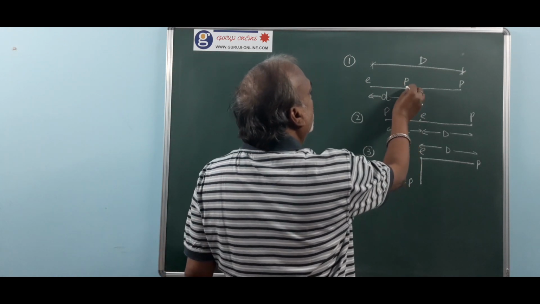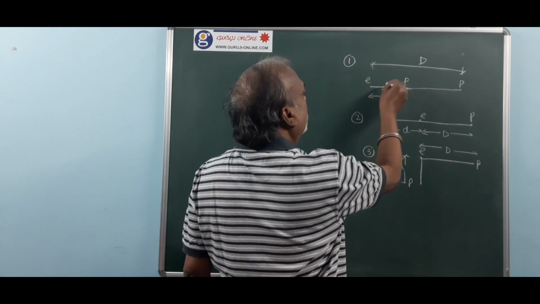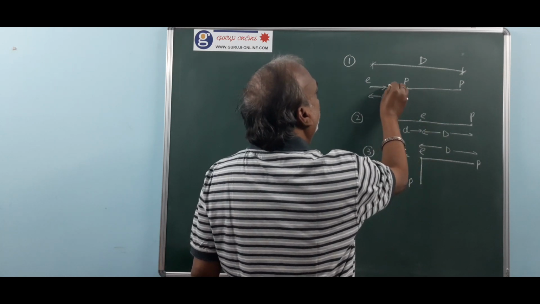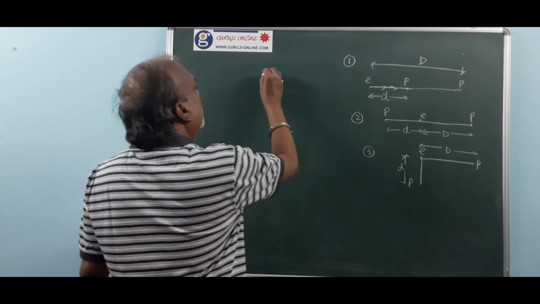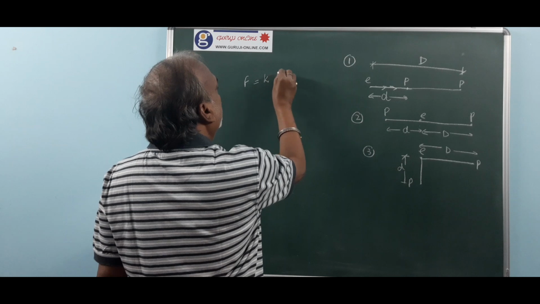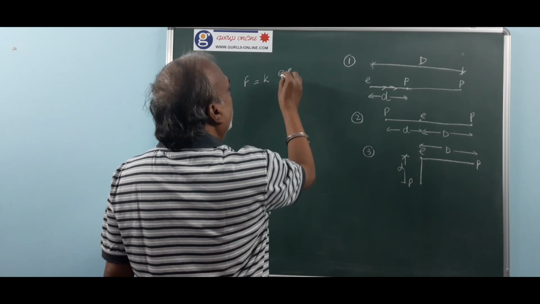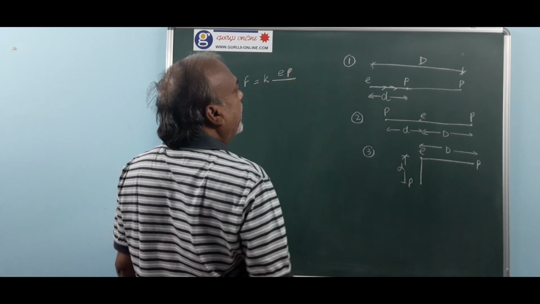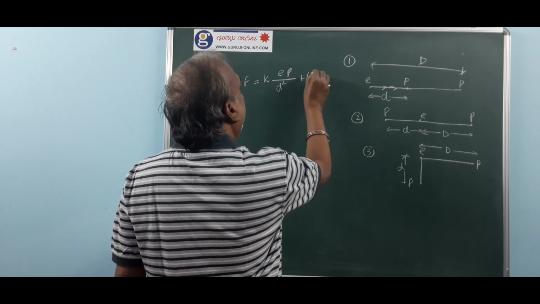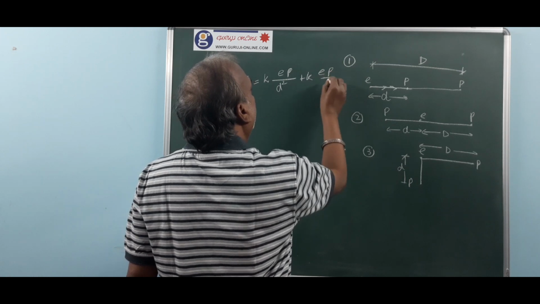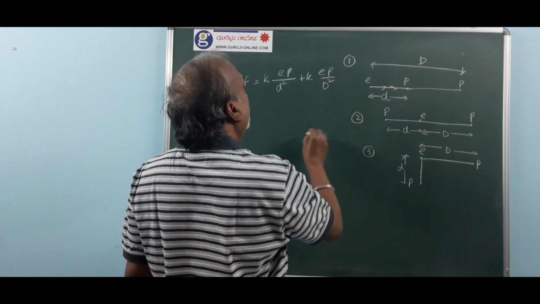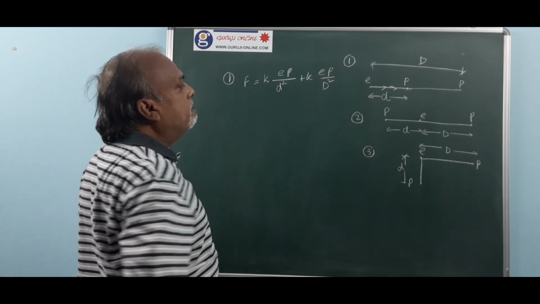Due to this there will be a force, and due to this, naturally, a force in the same direction. What will be the force? That will be KEP divided by D square plus KEP divided by D square. Correct? In the first case.